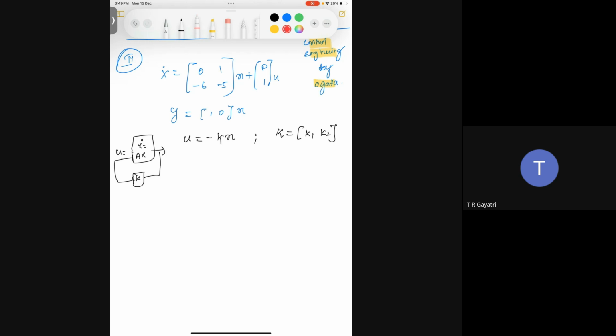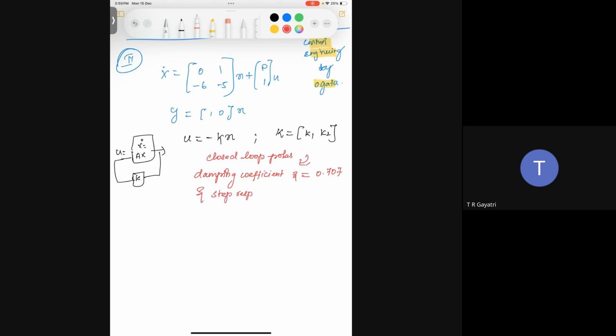Design a state feedback controller such that K equal to [k1 k2] and its closed loop poles are given. Usually they give the closed loop poles either as poles or as a characteristic equation, from which you can find the poles. Here they are giving it as a damping coefficient zeta equal to 0.707 and step response peak time.